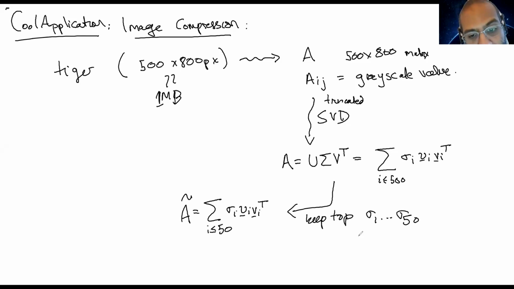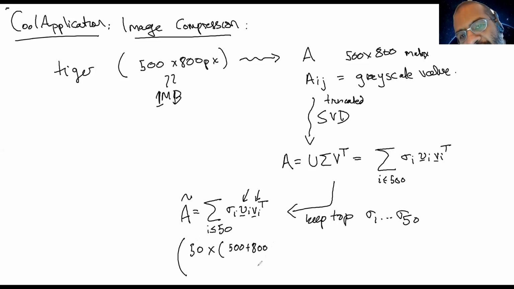Right? They're sorted. Now, how much space does this take? Well, there are 50 terms. For each term, I have to store 2 vectors, right? u_i and v_i. And each vector only takes roughly the number of entries. So it takes 500 plus 800 space, right? Because this is the key.